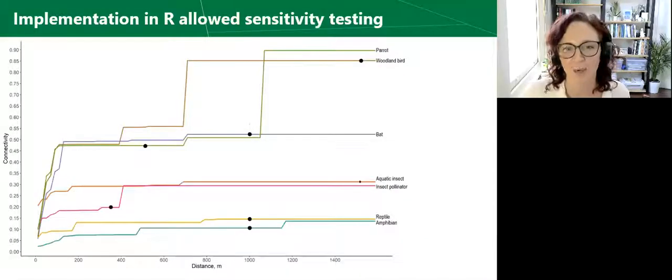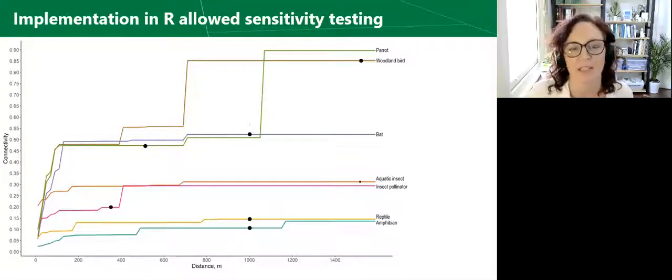Well, to start with, the first thing we wanted to do was test the sensitivity of the method to those inputs. In particular, there's a lot of uncertainty about how capable different animals are of moving through the landscape. We know that some are better than others, but we don't necessarily have very good estimates of their maximum ability, especially in urban places.